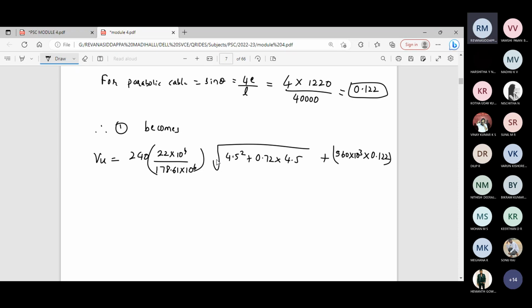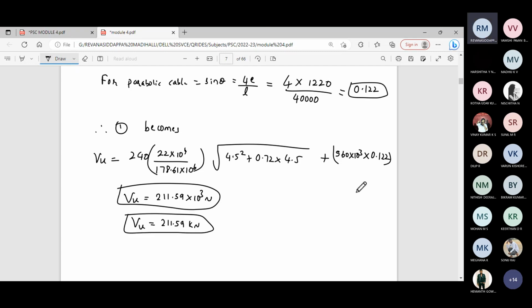The final answer that you get, the ultimate shear resistance, is 211.59 into 10 power 3 Newton. Or V is equal to 211.59 kilonewton. Okay. So this completes the problem.